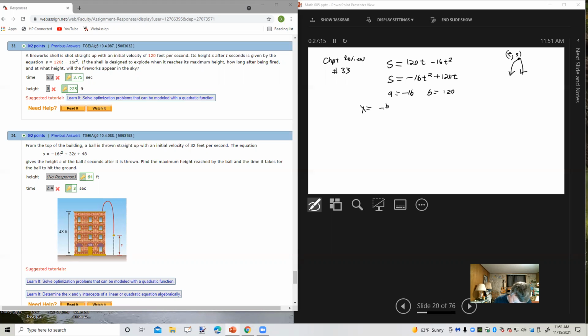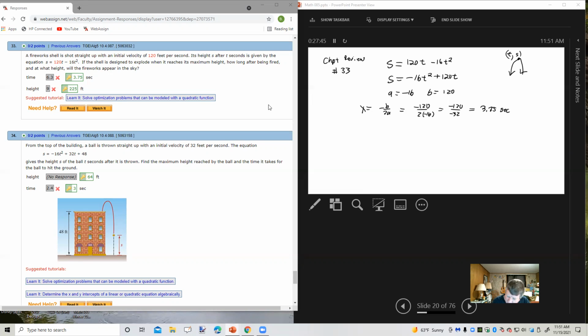X equals negative B over 2A, which is negative 120 over 2 times negative 16, which is negative 120 over negative 32. And negative divided by negative is positive. 120 divided by 32 is 3.75, and that's seconds. Okay, so how long after being fired? The time would be 3.75 seconds.